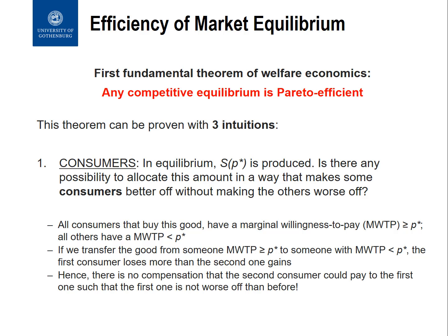Hence, there's no compensation that the second consumer could pay to the first one, such that the first consumer is not worse off than before. So we cannot make anyone better off than before with such a transfer without making another one worse off. No Pareto improvement is possible.